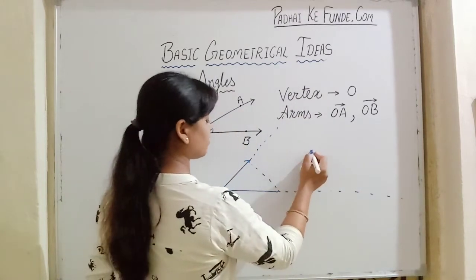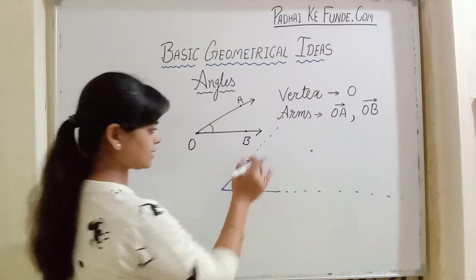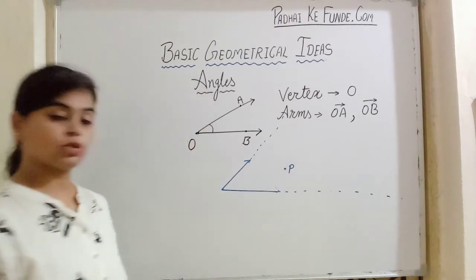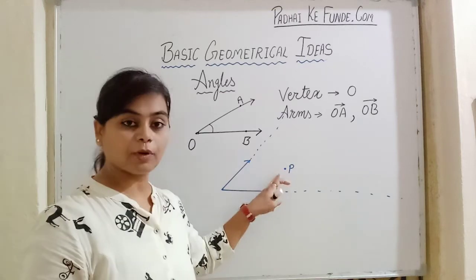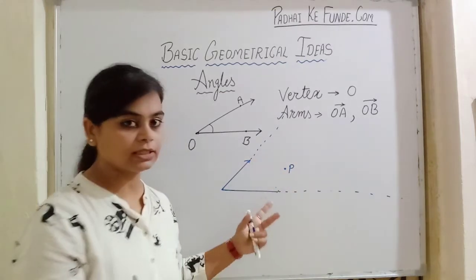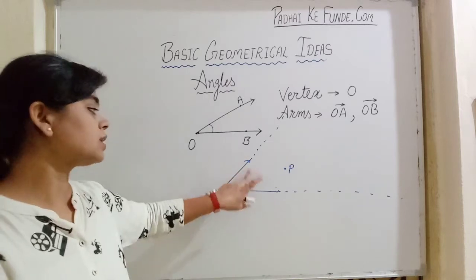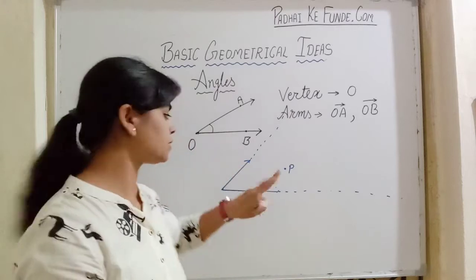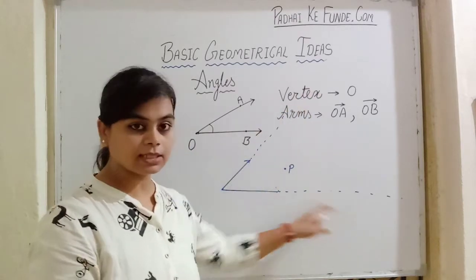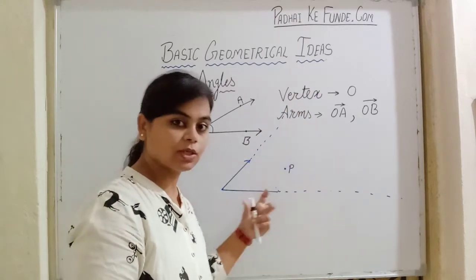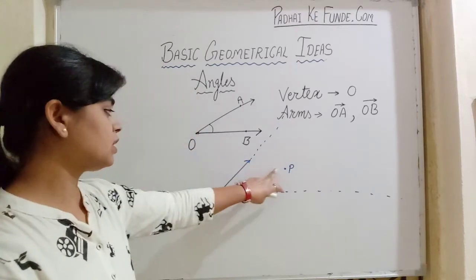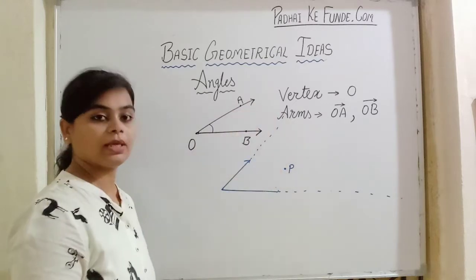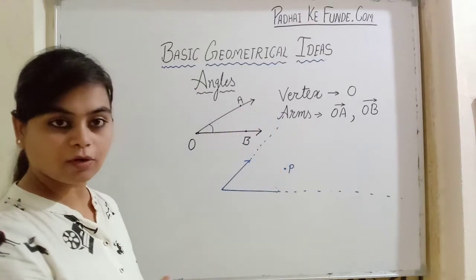So if we have an angle like this and the point P given here, even then we will consider the point P to be in the interior of the angle, because the arms of the angle are rays which can move further as much as we want. When we extend them, the point will come in the region of the interior. So the points located between these two lines will be the points in the interior of the angle.